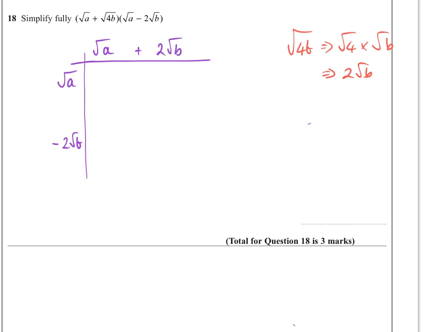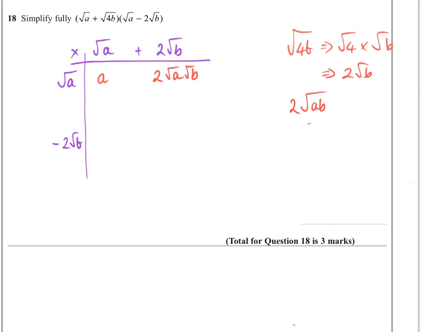So I'm just going to multiply these out now. So root A times root A, that just gives me A, and then I've got root A times 2 root b. Well, that's 2 root A root b, and you could also write that as 2 root AB. Doesn't really matter, as long as you've got a rough idea of what's going on.